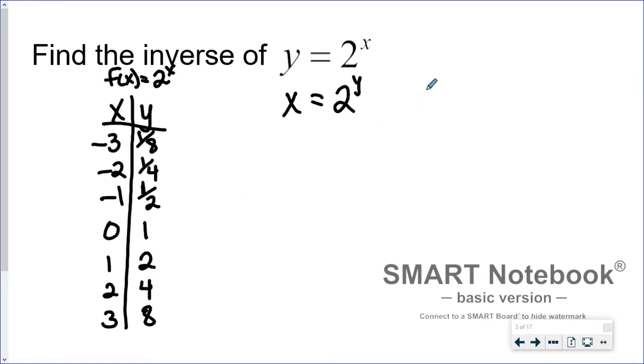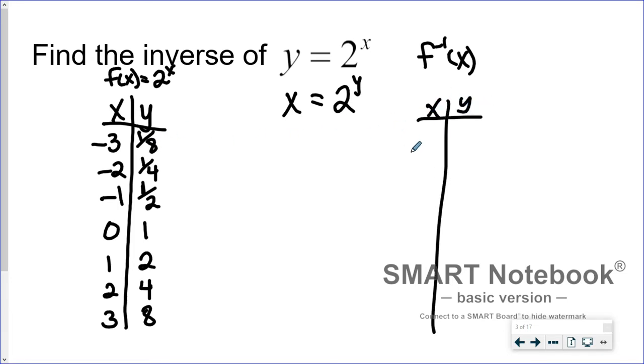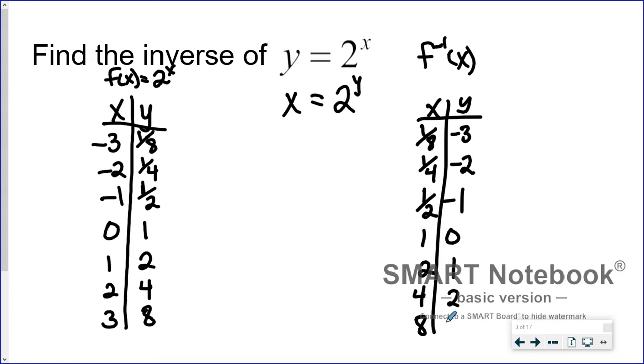All right, well, if that's the case, then f inverse of x, we literally just switch all of these. So 1/8, -3, 1/4, -2, 1/2, -1, 1, 0, 2, 1, 4, 2, and 8, 3.